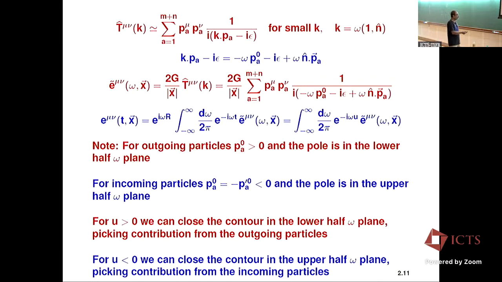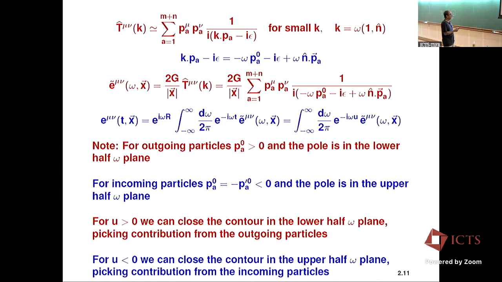Now we come to Cauchy's theorem. Suppose u is positive, right? That's late time. If u is positive, we have to close the contour in the lower half plane, right? Because you want to make sure that the contribution from the asymptotic part is convergent, it's damped. So you have to close the omega contour in the lower half plane for positive u.